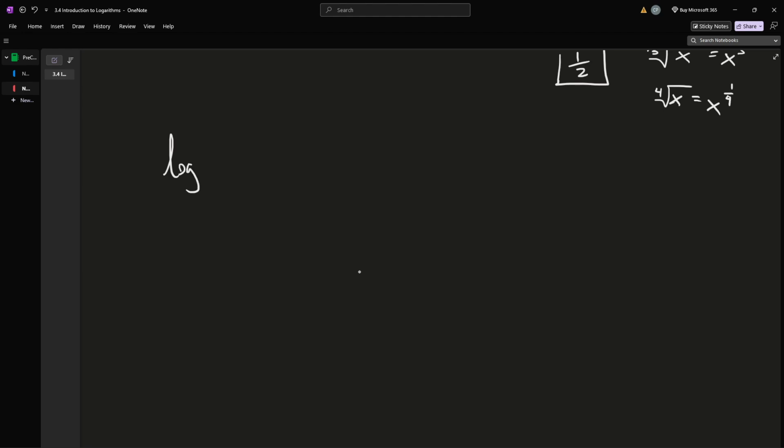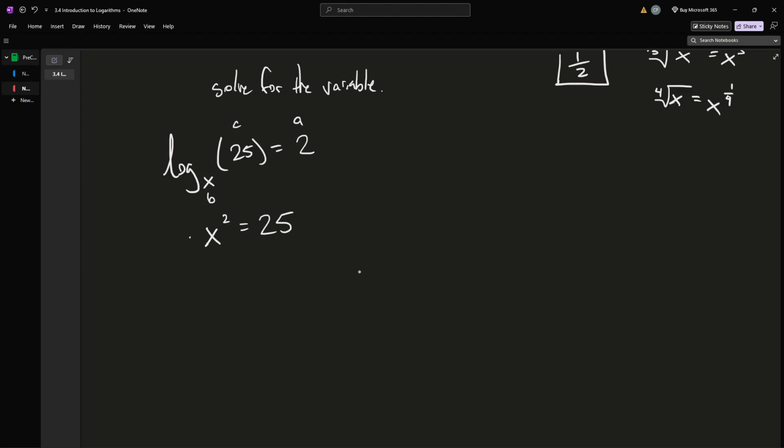Log base x of 25 equals 2. In this case, it will be solve for the missing variable. We still label it B, C, and A. X squared equals 25. And now here, we can either see that it's 5, or I could square root.